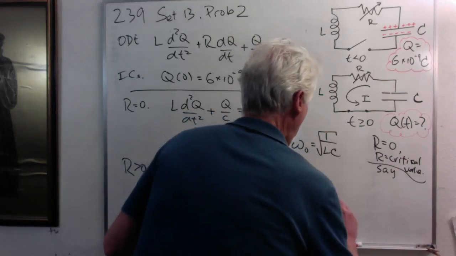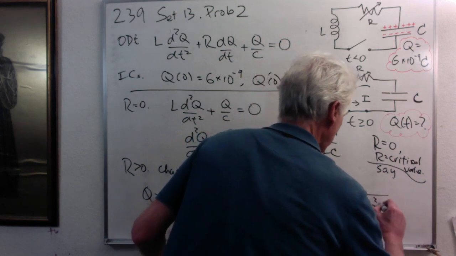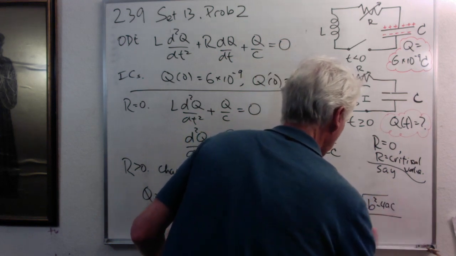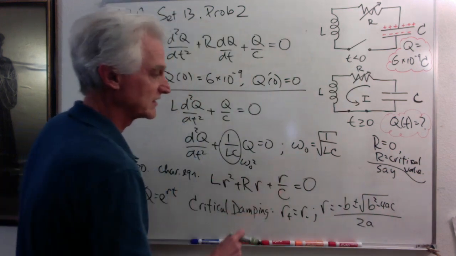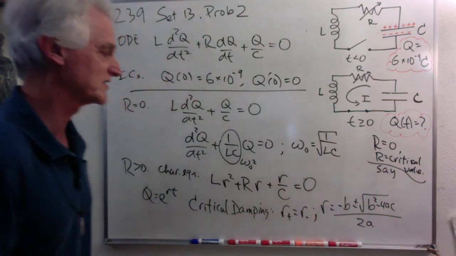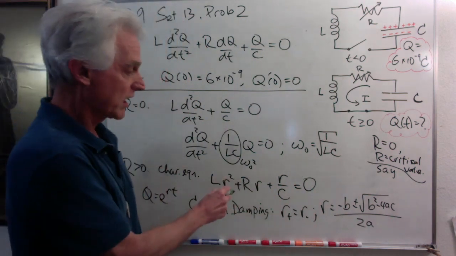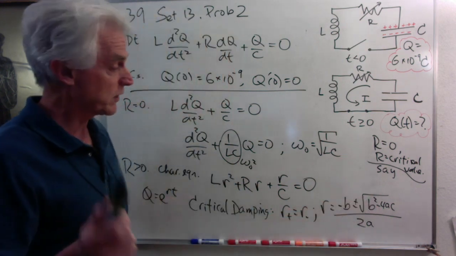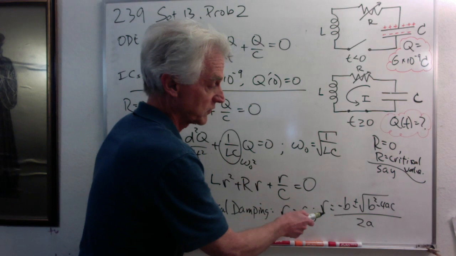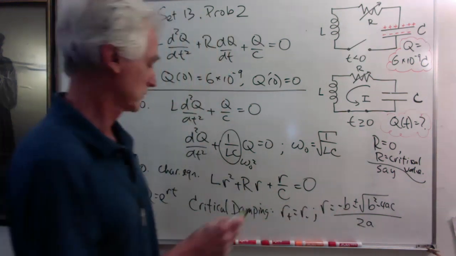In other words, r is minus b plus or minus the square root of b squared minus 4ac, over 2a. You know what I mean. There's a, there's b, there's c. Little c is actually 1 over C in this case. So the idea is you can find out what R has to be by computing this quadratic equation solution for r, and we want the thing inside the square root to be 0.